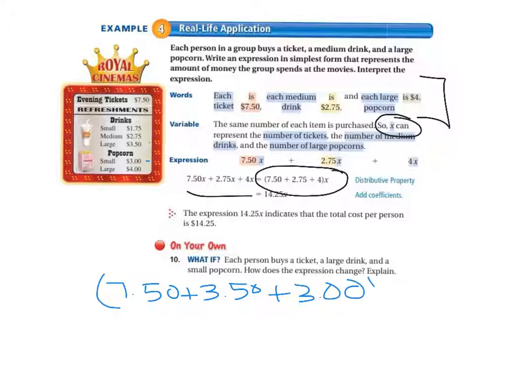And then we have the x on the end here. So when we add this up, $7.50 plus $3.50 is $11, plus $3 is $14. And then we want to multiply the x on the end. So $14 times x equals our expression.